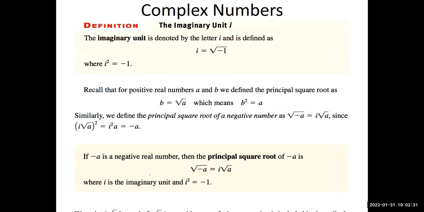Now, let's have this definition. The imaginary unit i is denoted by the lowercase letter i and is defined as i equal to the square root of negative 1, wherein i squared is equal to negative 1.